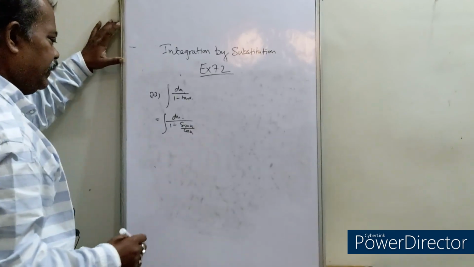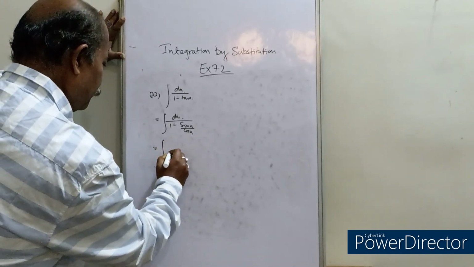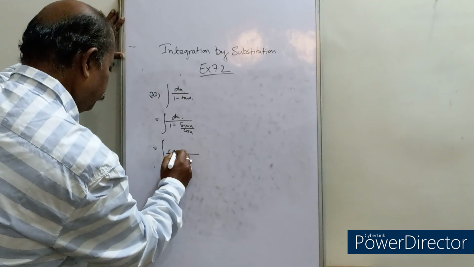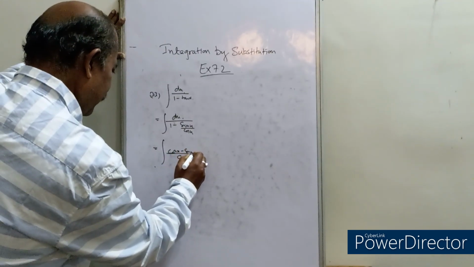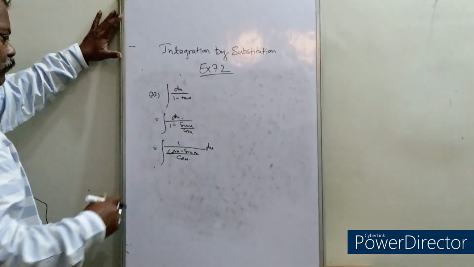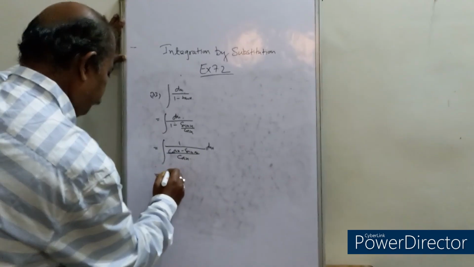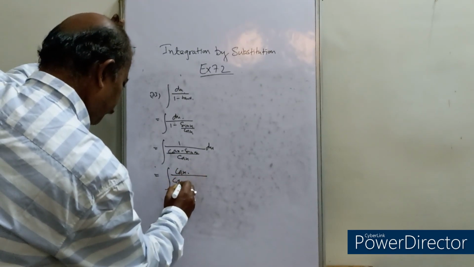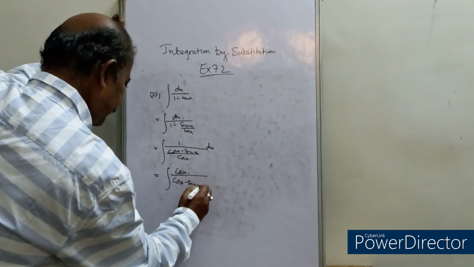If you take the LCM, this will be cos x minus sin x, and here this is 1 dx. So cos x will come to the numerator and this will be cos x by cos x minus sin x dx.